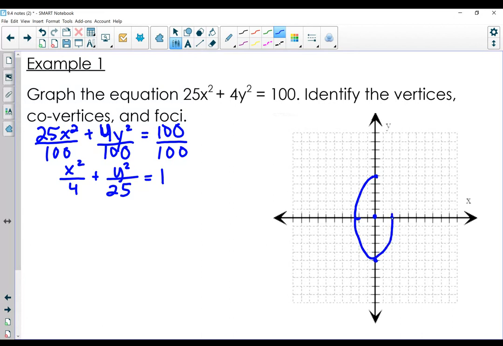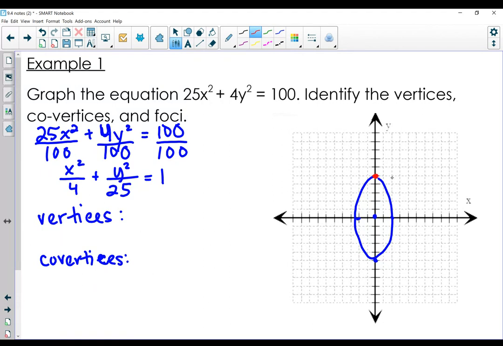If you thought circles were hard, ellipses are even worse. And now I need to go through and identify this information. So once I graph, then I go through and find vertices. I'm supposed to find co-vertices also, and then we'll solve to find the foci. So I know my vertices are going to be on that major axis.